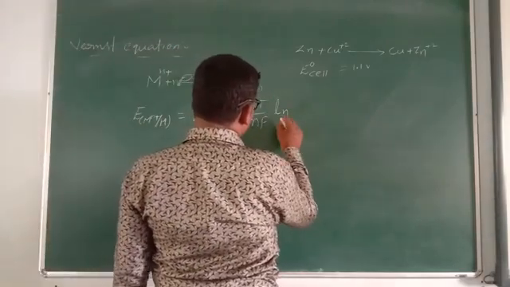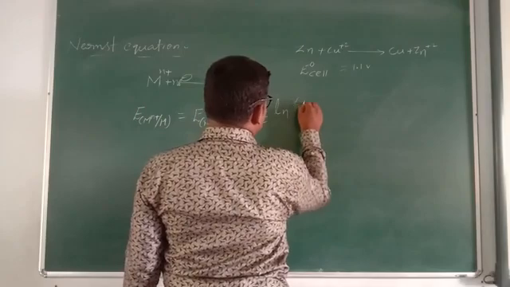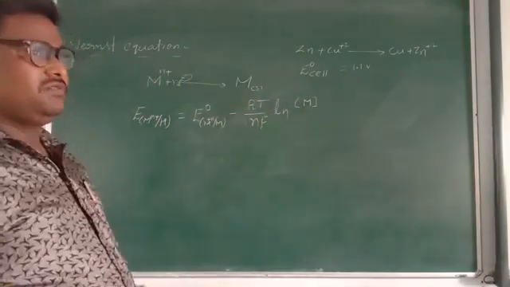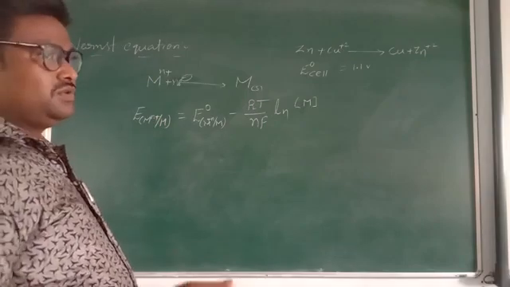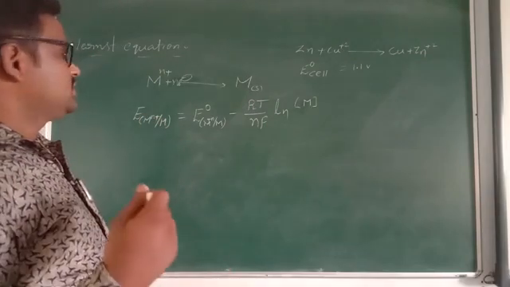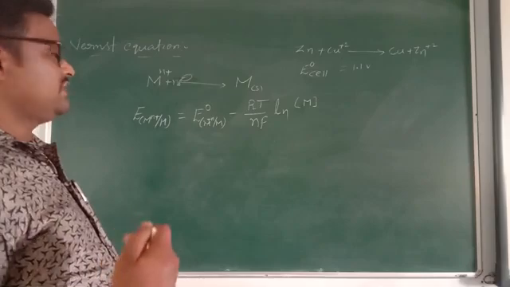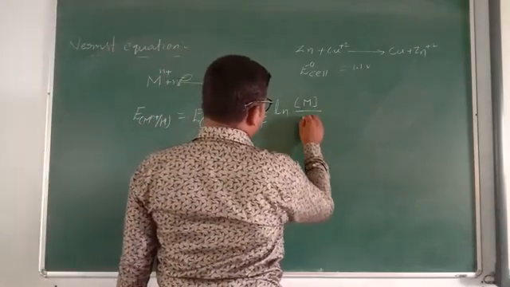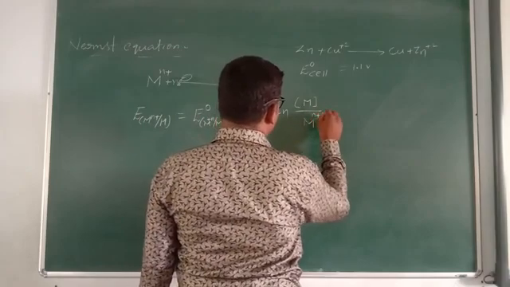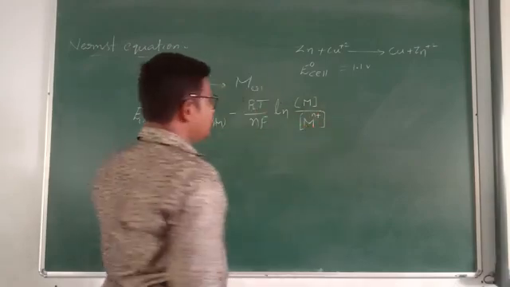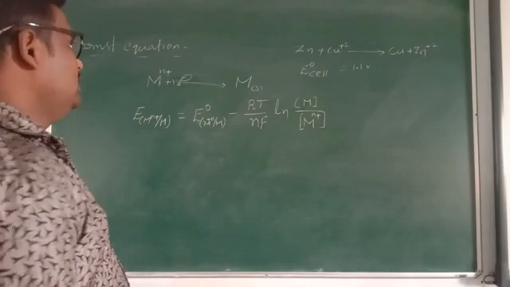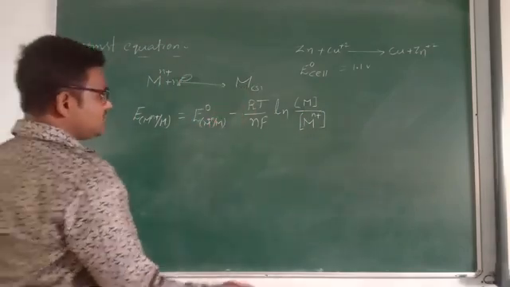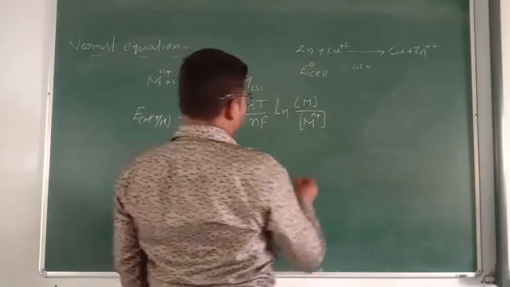In equilibrium reactions we studied that concentration is written as product concentration divided by reactant concentration. Here also we considered like that. The metal is generally a solid, so its concentration is considered as 1.